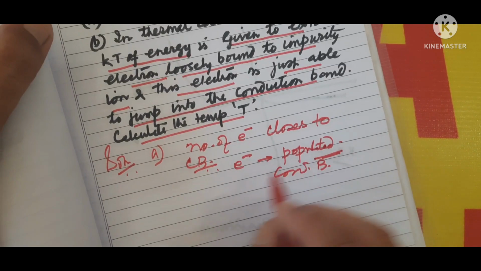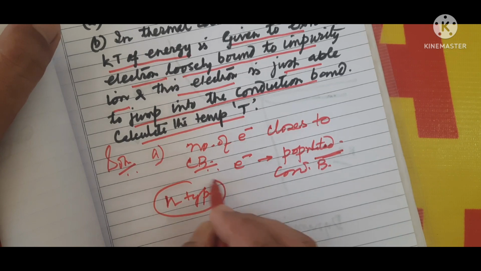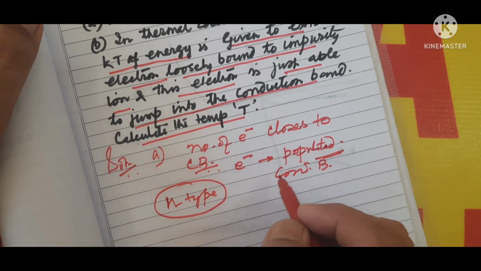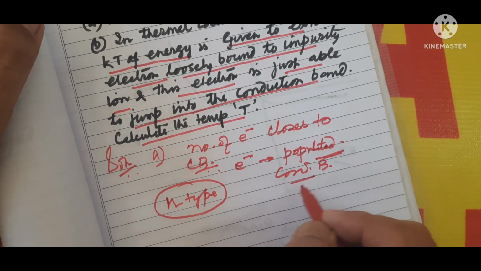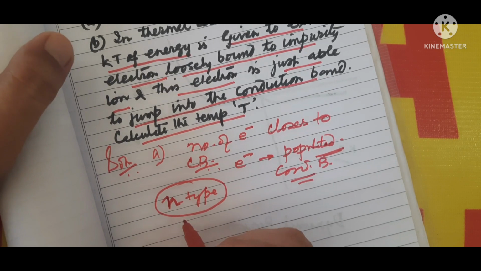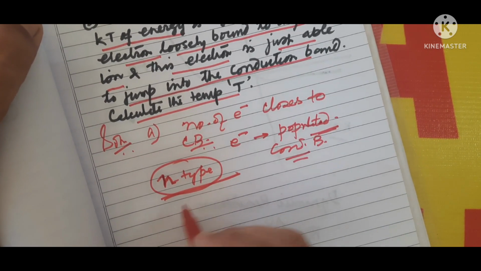So we can say this is the N type of semiconductor, right? Many electrons are near the conduction band, so the number of electrons is more, so this is the N type.